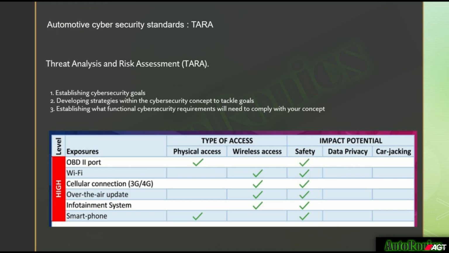We have taken 5 different exposures that can happen with respect to functional areas, and then we classified them into the type of access, how it can be accessed, and then the potential impact based on the scores. So when it comes to the OBD port, it's only physical access and the impact is potential, with no possibility of wireless. Likewise, each system can be analyzed based on the TARA methods, and we can get the risk assessment document out of it.